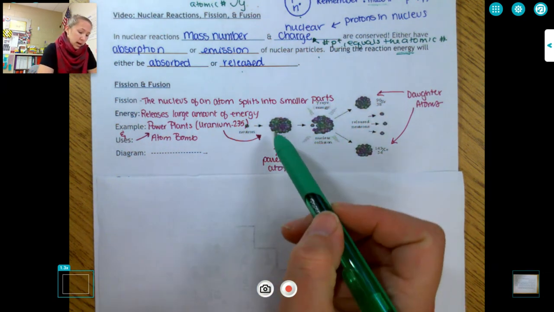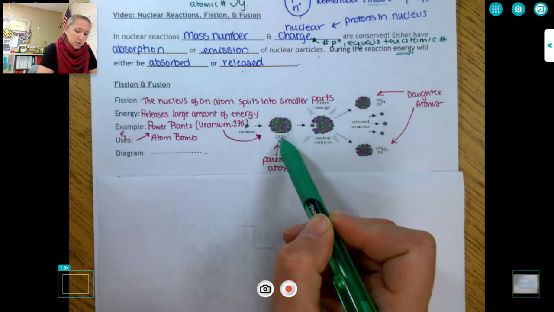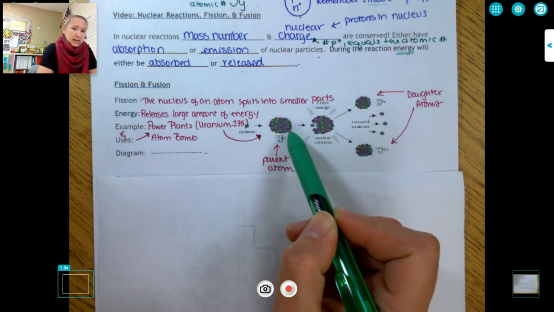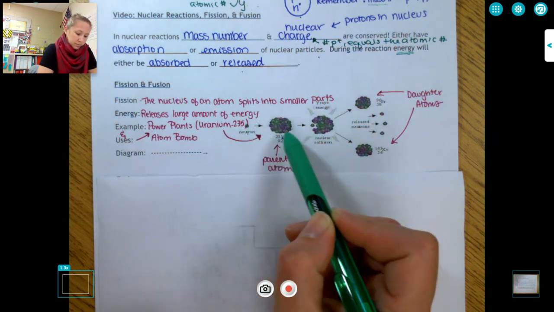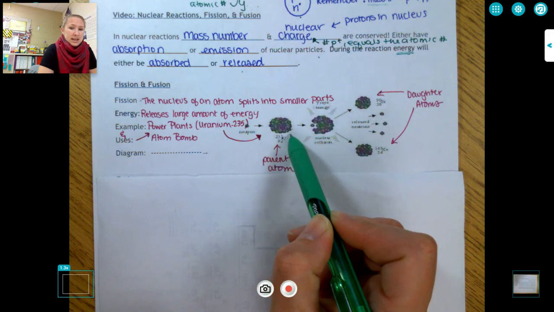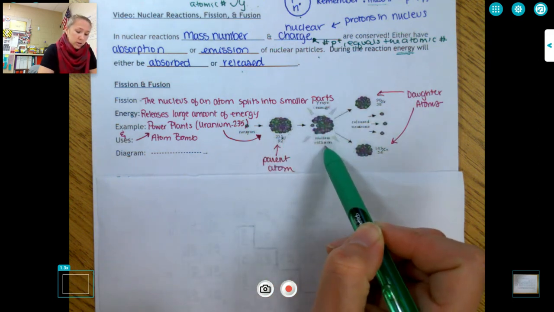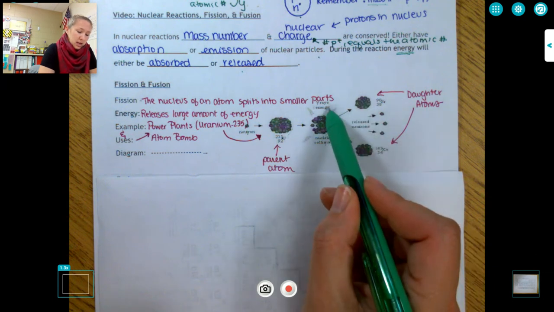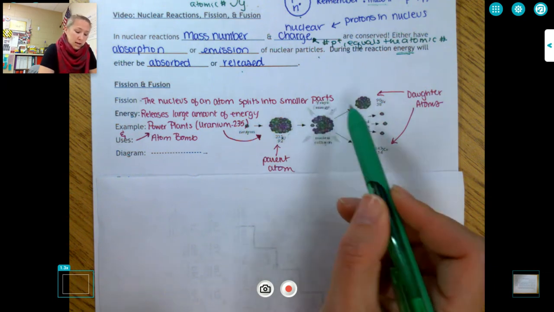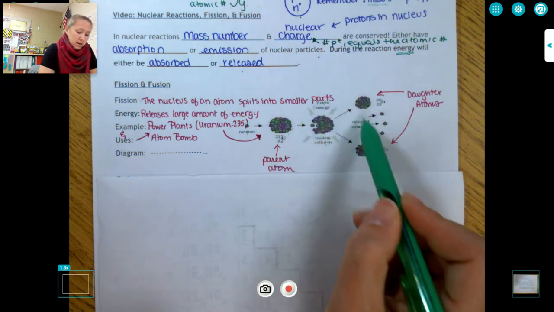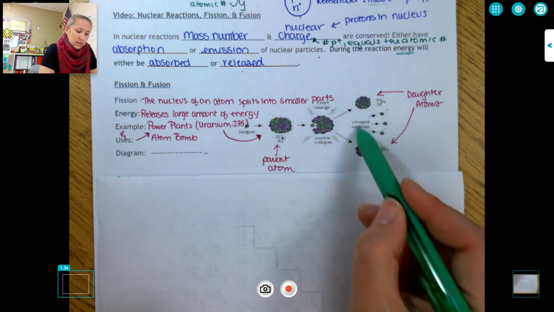So we can see that we have our uranium-235 and that it's getting hit by a neutron. That neutron hits it and then it forces it to explode and split. So we have a nuclear collision. It gives off energy in terms of gamma rays. So it splits apart. When it splits, it also releases some neutrons.